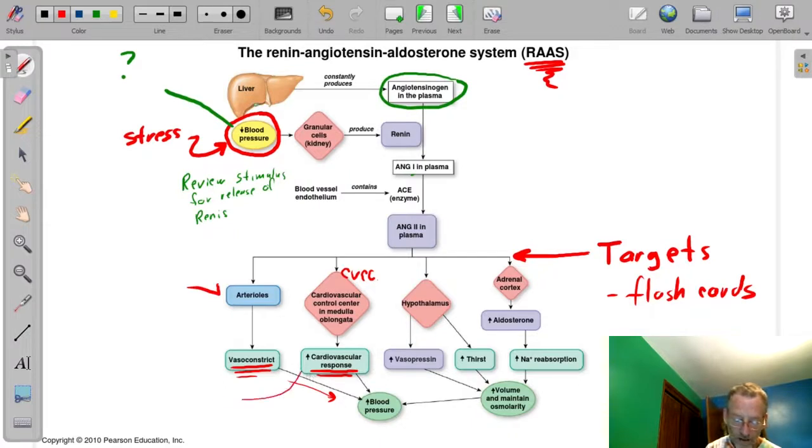What would you talk about here to raise blood pressure? Well, you could speed up the pump. We could increase cardiac output by increasing the heart rate and the force of contraction, and we could also increase vasoconstriction.